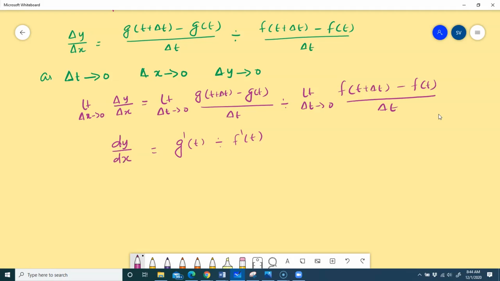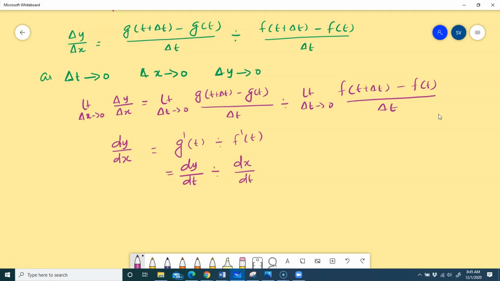Okay, that is interesting. So this is equal to dy by dt, because g is the function of y and f is the function of x. So this is dy by dt divided by dx by dt.